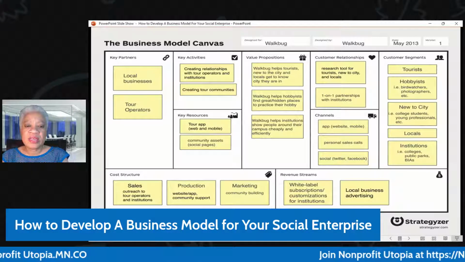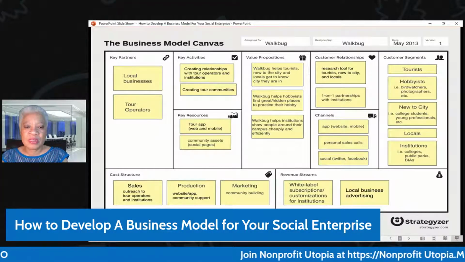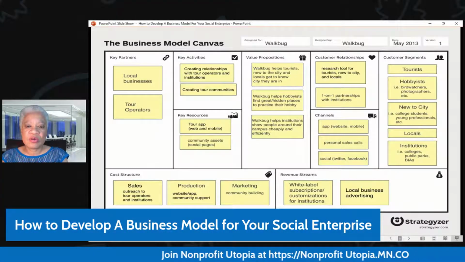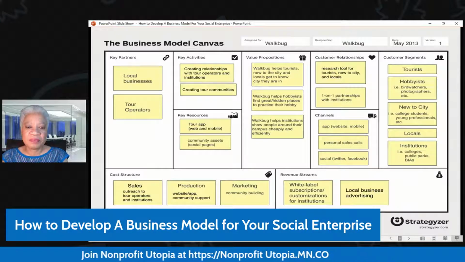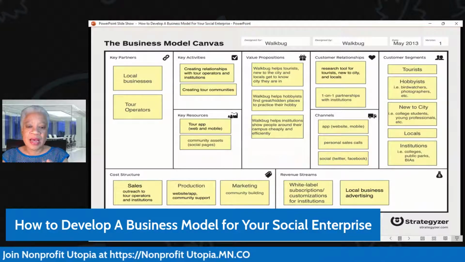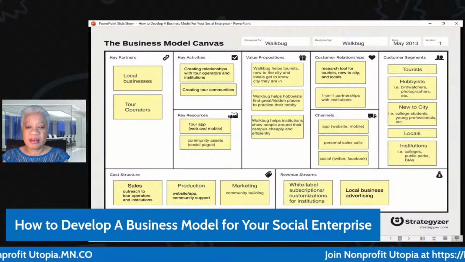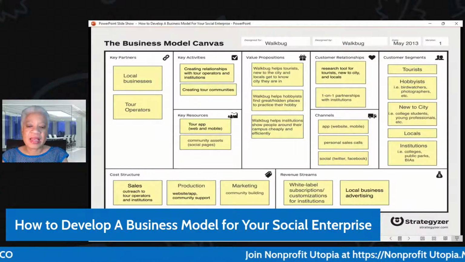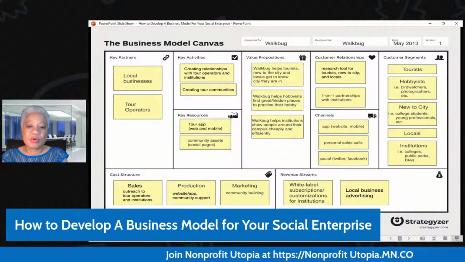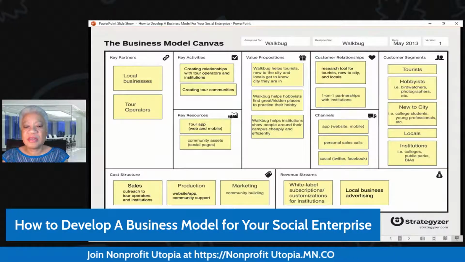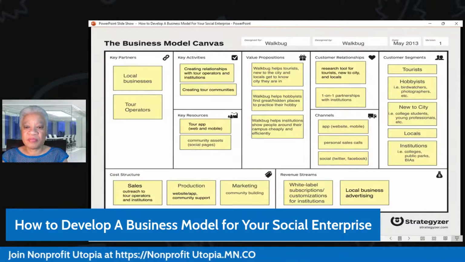The first one is Walkbug helps tourists new to the city and locals get to know the city they're in. Walkbug helps hobbyists find great and hidden places to practice their hobby. And Walkbug actually helps institutions show people around their campus cheaply and efficiently.